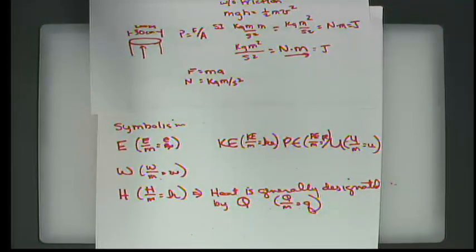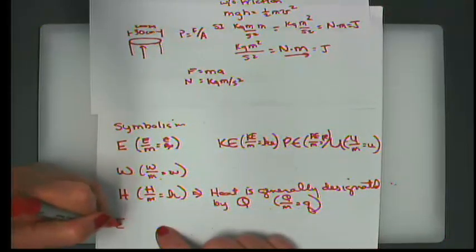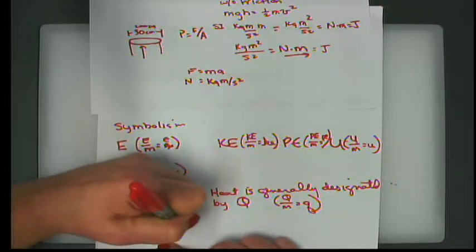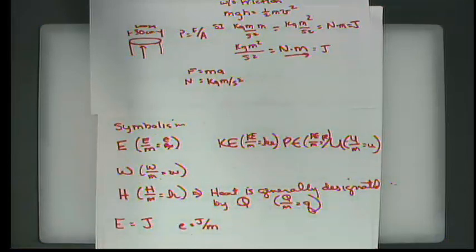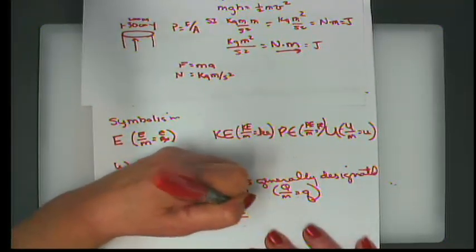All right, so let's go back to energy. If energy is measured in joules, little e energy is just measured in joules per mass. And we can also talk about flow rate, or E dot.